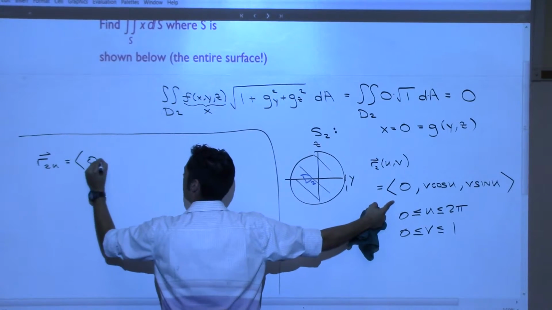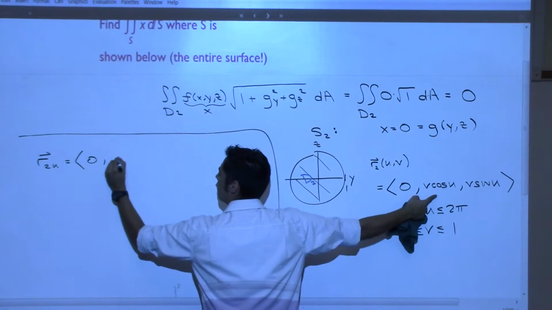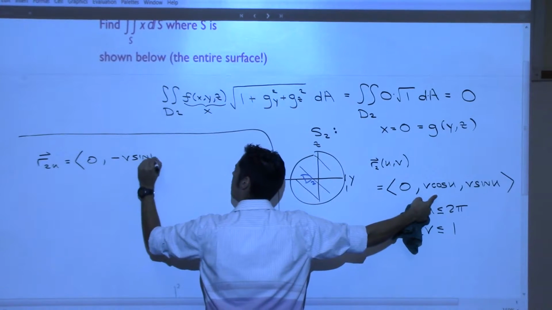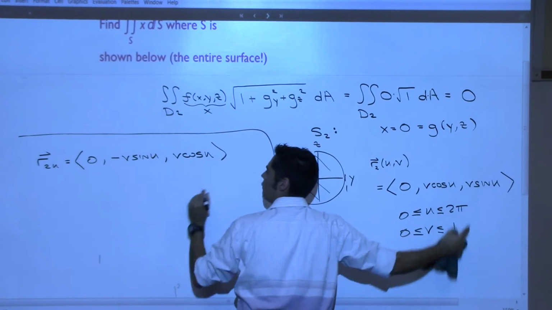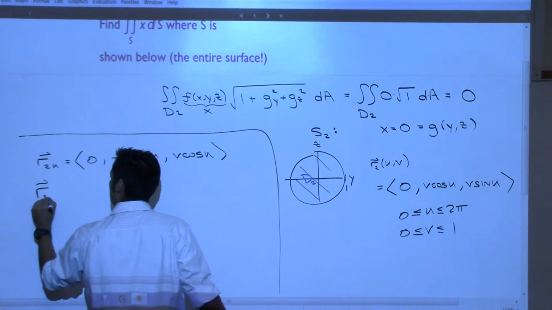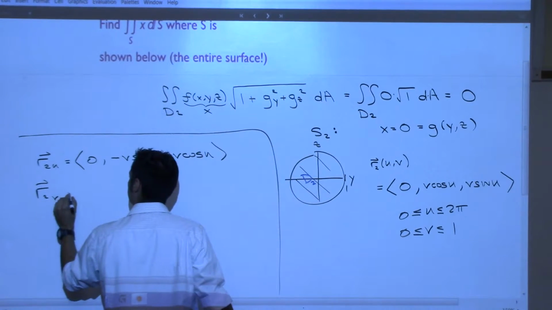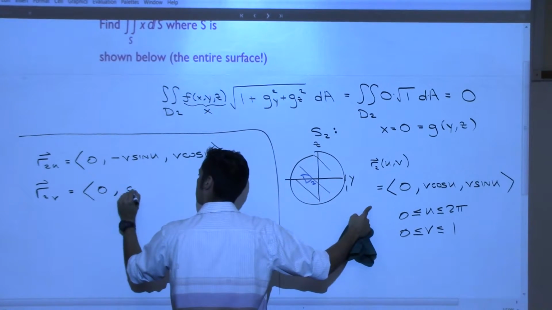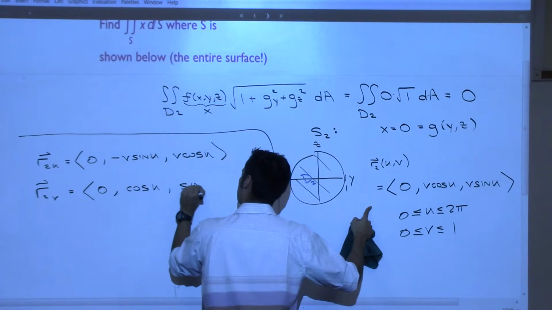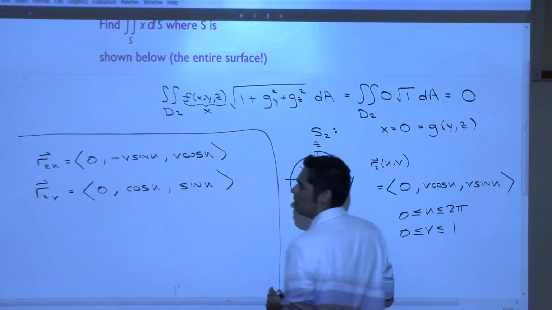So 0, negative v sine u, v cosine u. What's the partial of R2 with respect to v? 0, cosine u, sine u.